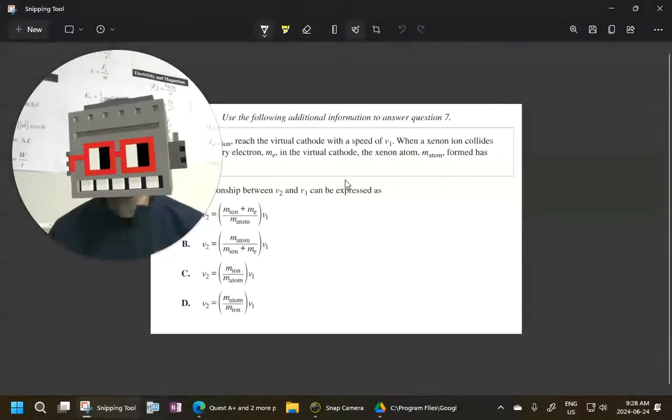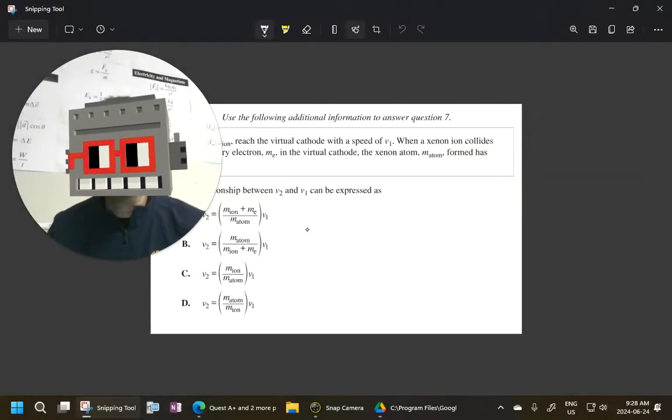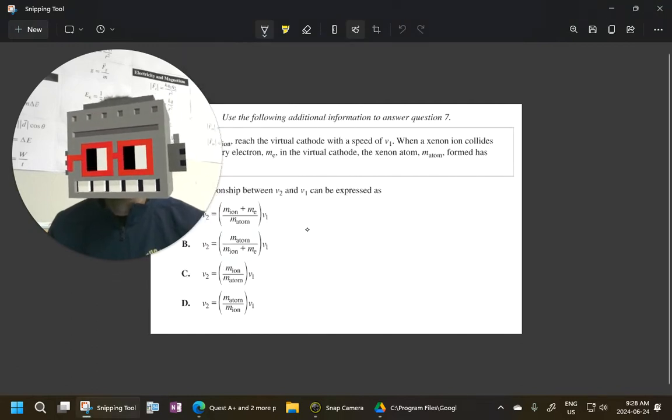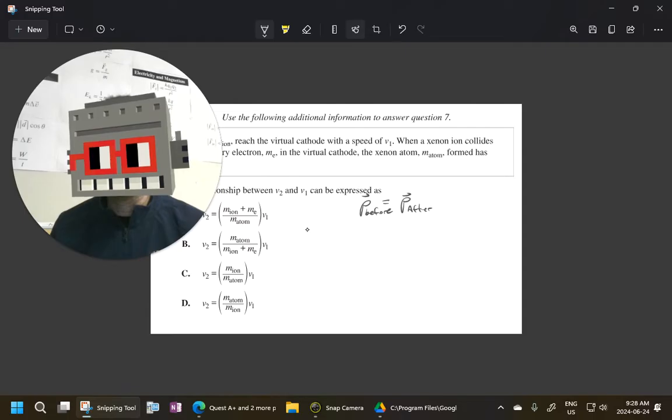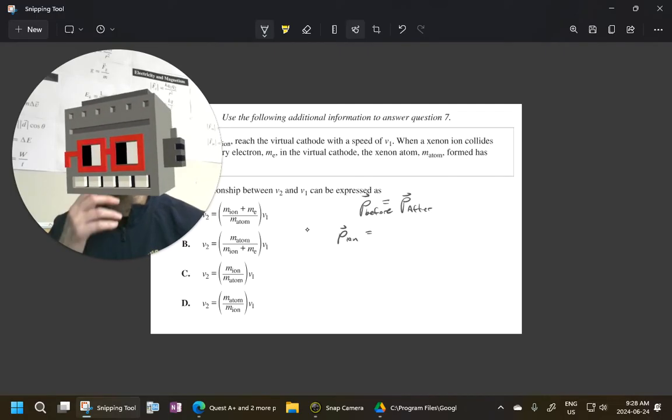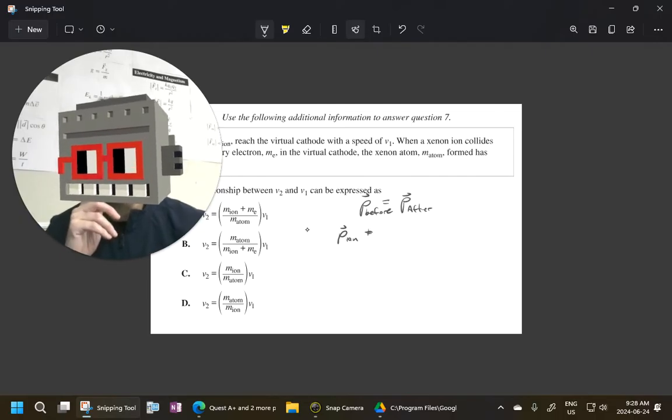So let's just set up the equation. We've got conservation of momentum. So I have to use gray here. The momentum before, if you remember this correctly, is equal to the momentum after. Before, the electron is stationary, so all the momentum is just in the ion. Afterwards, it's all together, plus the momentum of the electron.